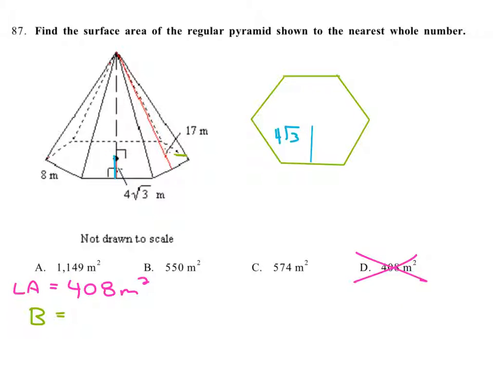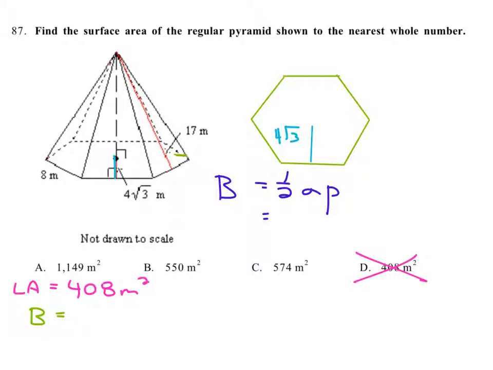If you wanted to find the area of some polygon, you can say that the area of the base is 1/2 the apothem times the perimeter. That is a basic formula for a polygon, okay?